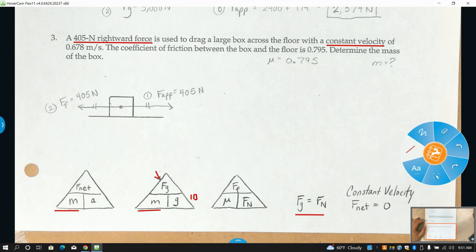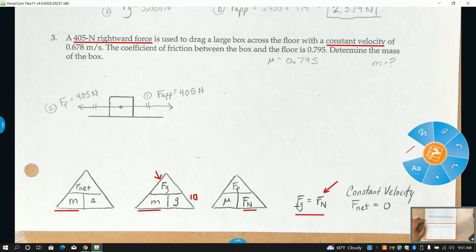So I need weight. I can't do mass times gravity to get this because I don't have mass. But do I have enough information to find the normal force? I think so.